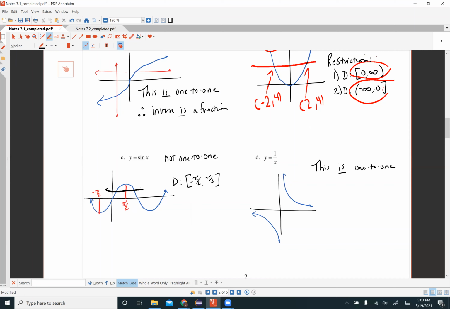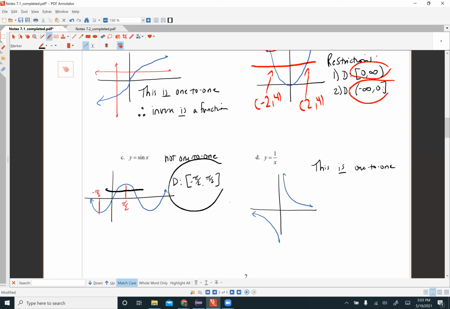If we restrict the domain to half a period, here the domain is restricted to -π/2 to π/2.